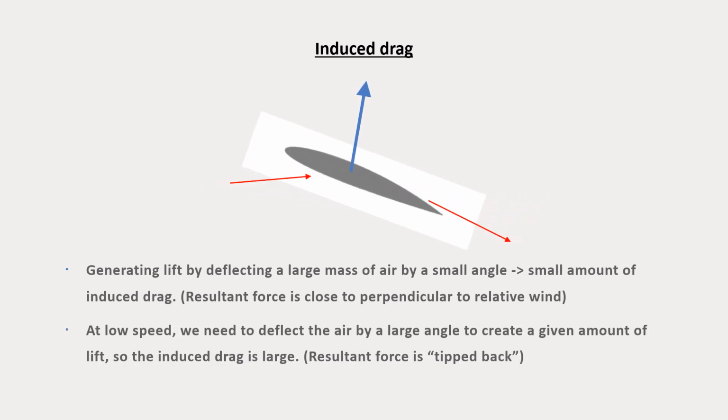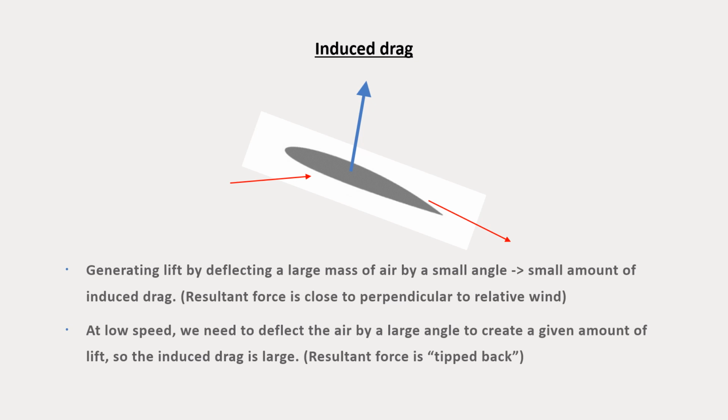When we are at low speed, since we're influencing less air, we need to deflect that air by a bigger angle. That causes the resultant force vector to be tipped back at a bigger angle from perpendicular to the relative wind.